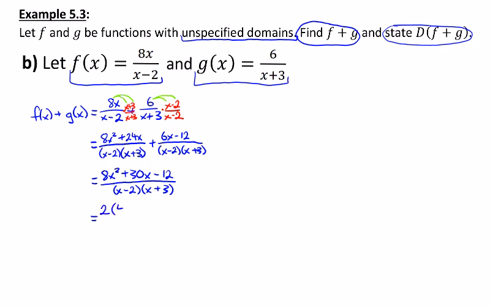So we'd have 2 times 4x squared plus 15x minus 6. And I don't believe that we can do anything else with that. You can try to do maybe some trinomial factoring, but ultimately you're looking for something to match x minus 2 and x plus 3, and we're not going to get any cancellation there. So this is a good place to stop with the f of x plus g of x.